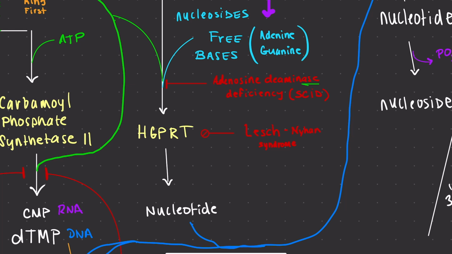From a medical perspective, you can look at various different diseases or syndromes or disorders that can result from lack of nucleotide synthesis. One of them is adenosine deaminase deficiency that results in SCID, which is just a severe combined immunodeficiency.